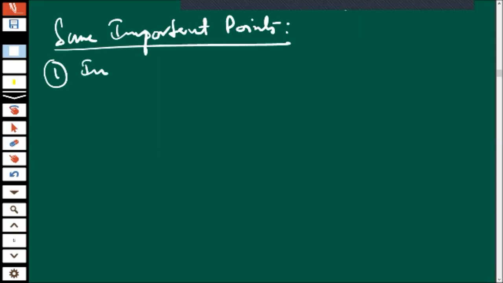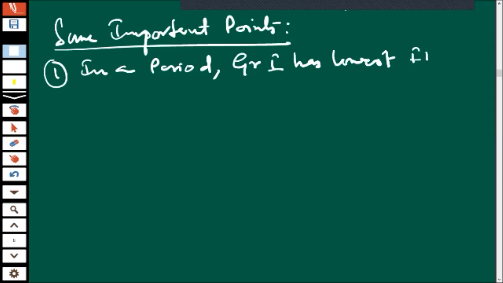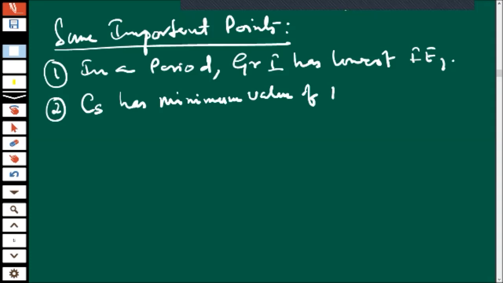First, in a period, group number 1 has the lowest IE1. Number 2, in group 1, cesium has the minimum value of IE1.